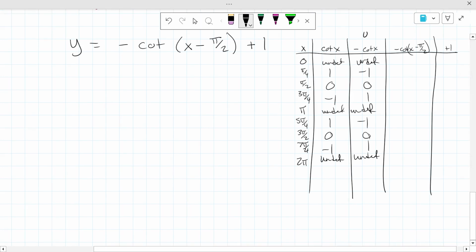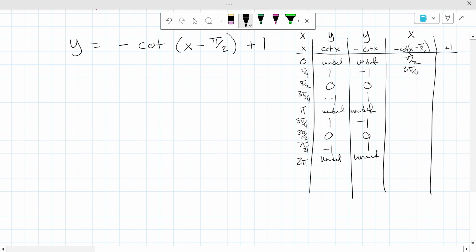So this affected the y. This is a y. This is an x. What does the minus pi over 2 affect, x or y? The x. So we move everything pi over 2 to the right. Minus pi over 2 is pi over 2 to the right. So then this becomes pi over 2.